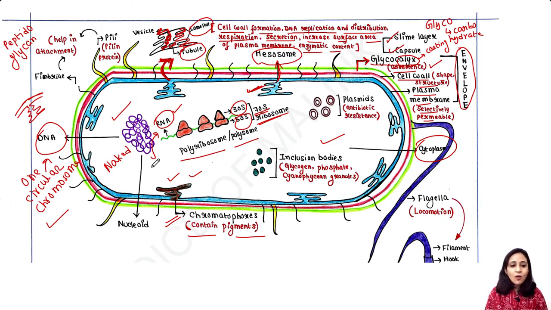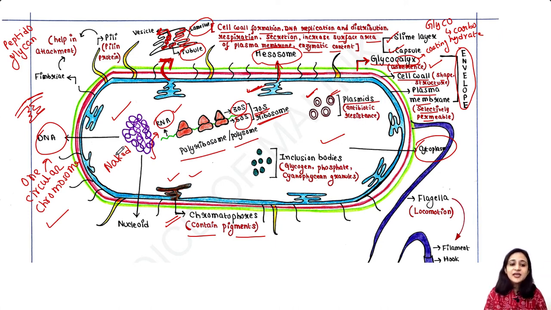Now apart from this circular chromosome, bacteria contain some smaller double-stranded circular plasmids. These plasmids are actually non-essential parts of bacteria because they do not contain any essential gene for the bacteria.